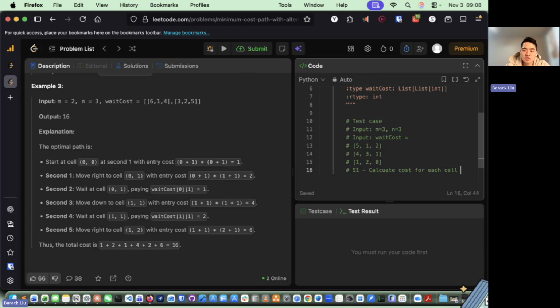So the calculation for each cell will be what? Entry cost plus wait cost. Make sense?